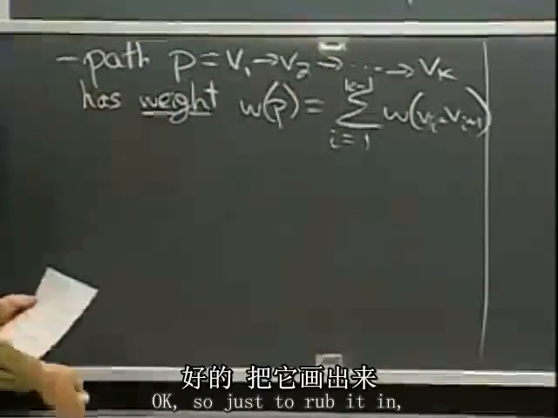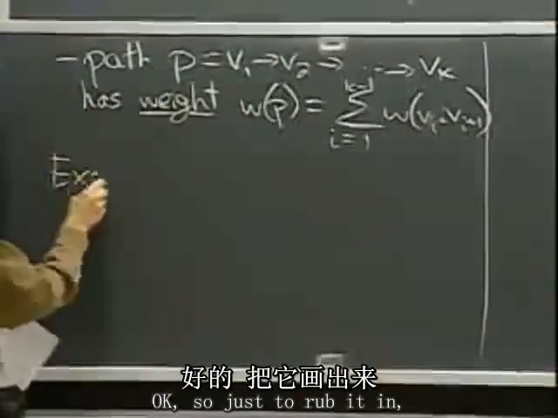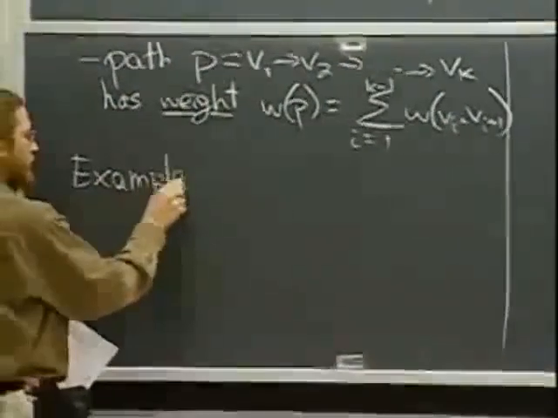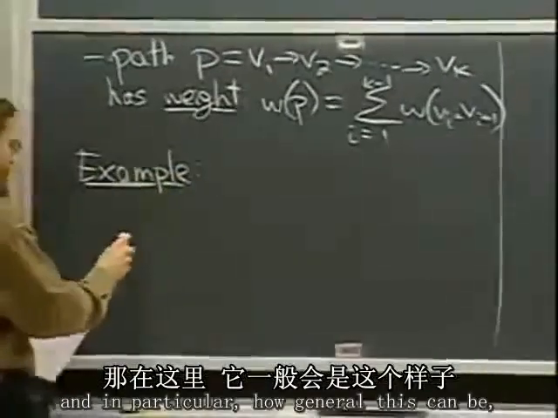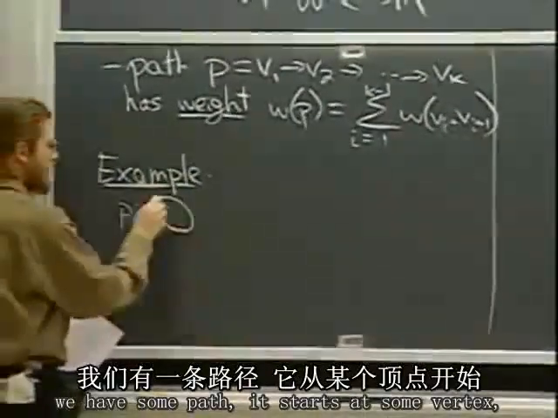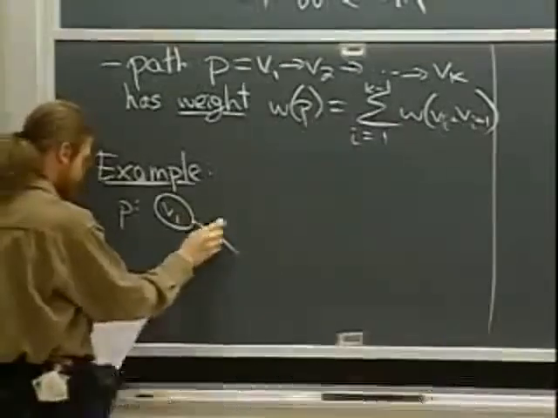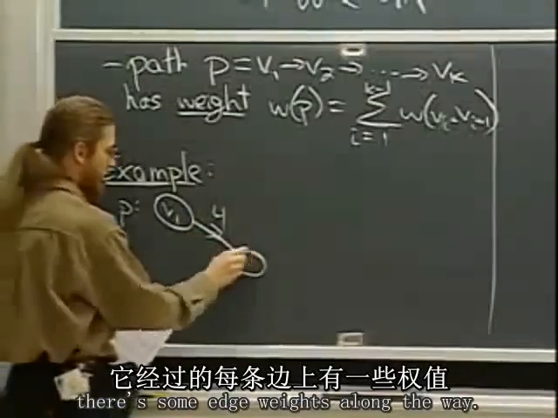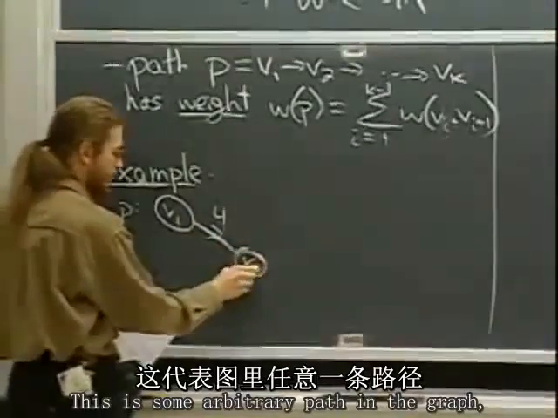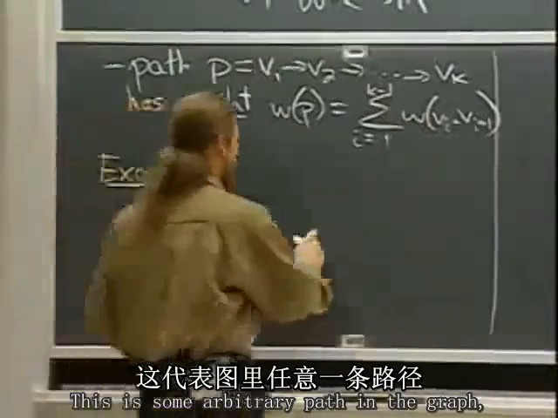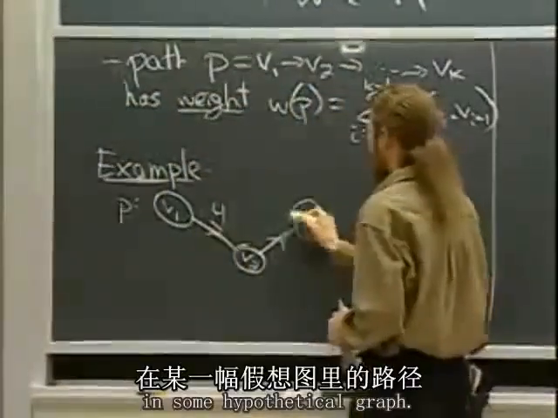Okay, so just to rub it in, and in particular how general this can be, we have some path, starts at some vertex, there's some edge weights along the way. This is some arbitrary path in some hypothetical graph.